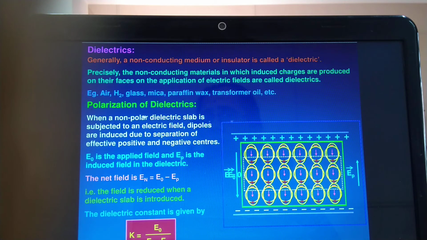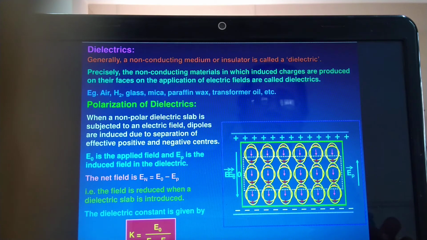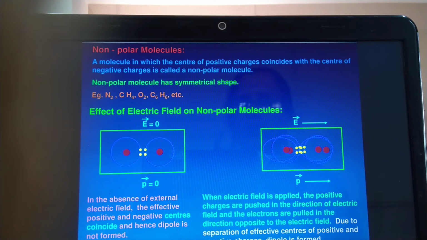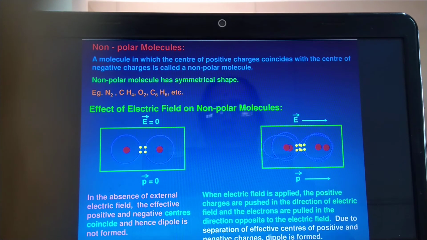Now when a non-polar dielectric slab material is subjected to an electric field, dipoles are induced due to the separation of effective positive and negative charge. Just now in the previous slide, if you remember, we saw that in the presence of an electric field, the positive part of the non-polar molecule gets attracted toward the negative side of the electric field, and the negative part gets attracted towards the positive side.